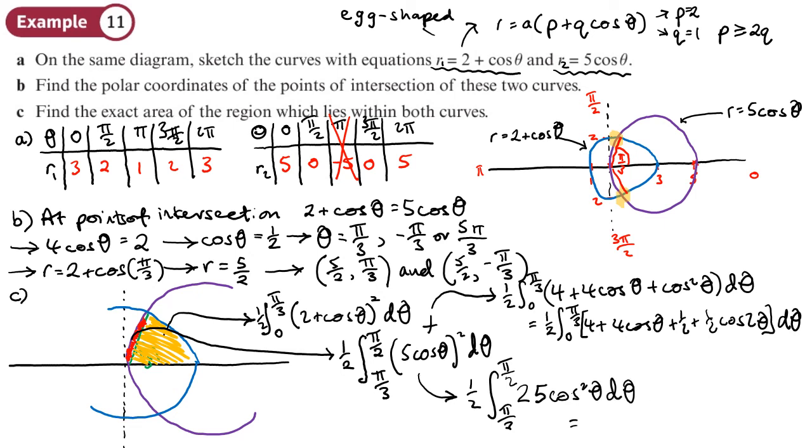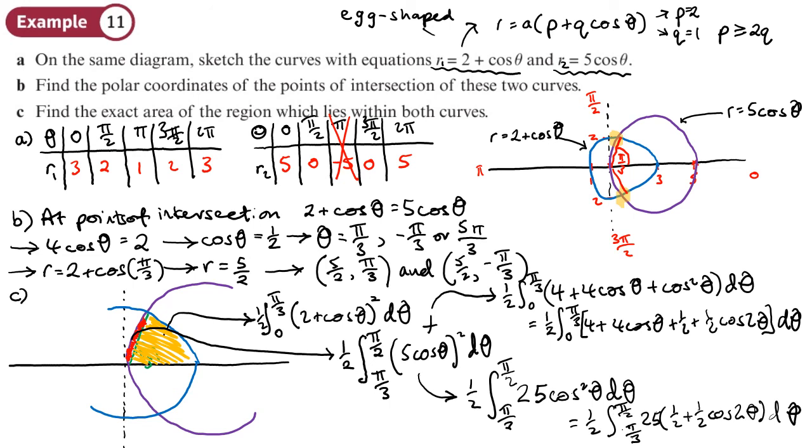I'm going to change it to something that I can integrate. So I'll have 25 lots of half plus, just like before, half cos 2 theta, d theta.